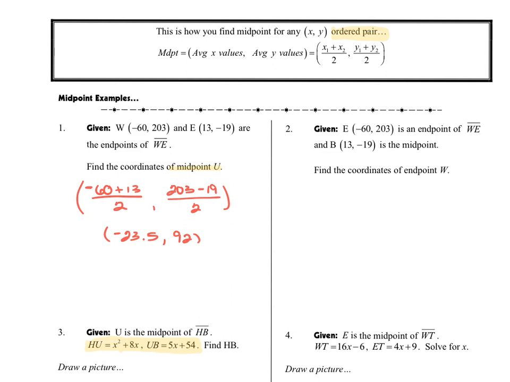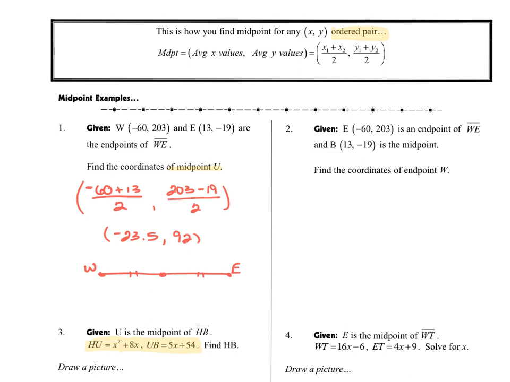All right, so that's finding the midpoint. And what I want you to be able to envision is that we had some segment, segment WE, and I knew the endpoints. I knew this and I knew this, and I added the x's to get the new x coordinate, and I added the y's to get the new y.